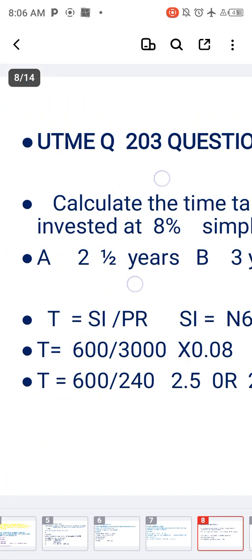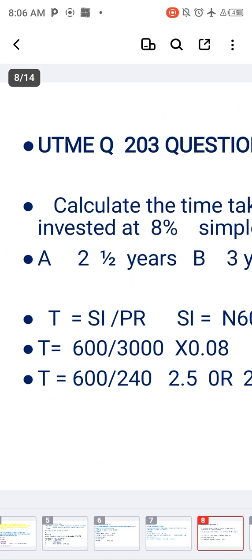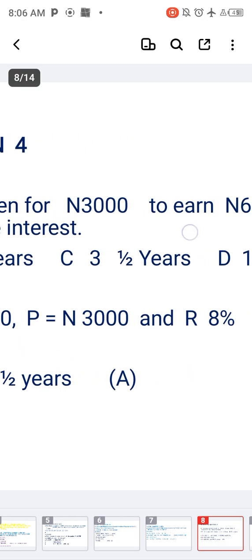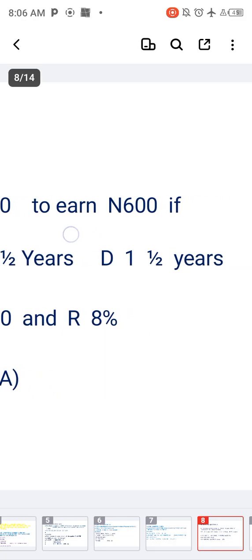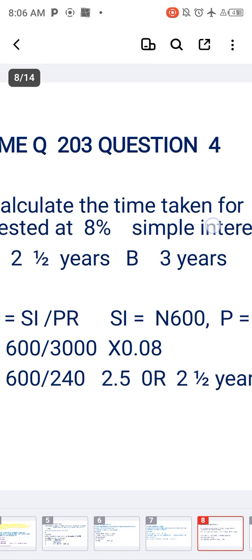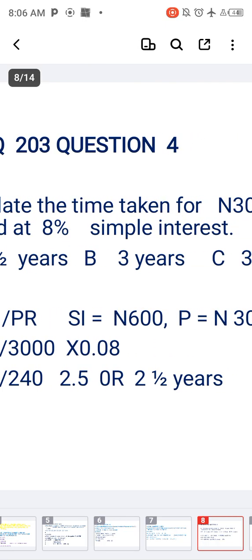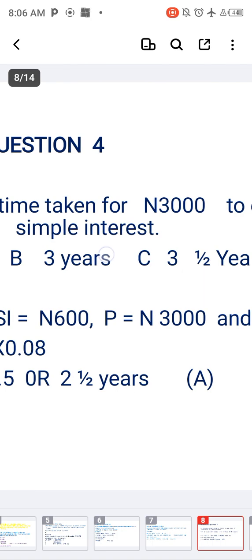Question 4 says, calculate the time taken for 3,000 naira to earn 600 naira if invested at 8% simple interest.